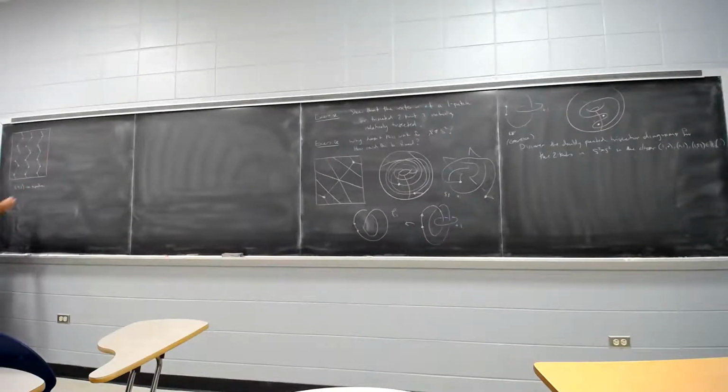The green curve goes like this, and the green arcs go like this. Okay, so this is pretty cool. We have 18 bridge points.